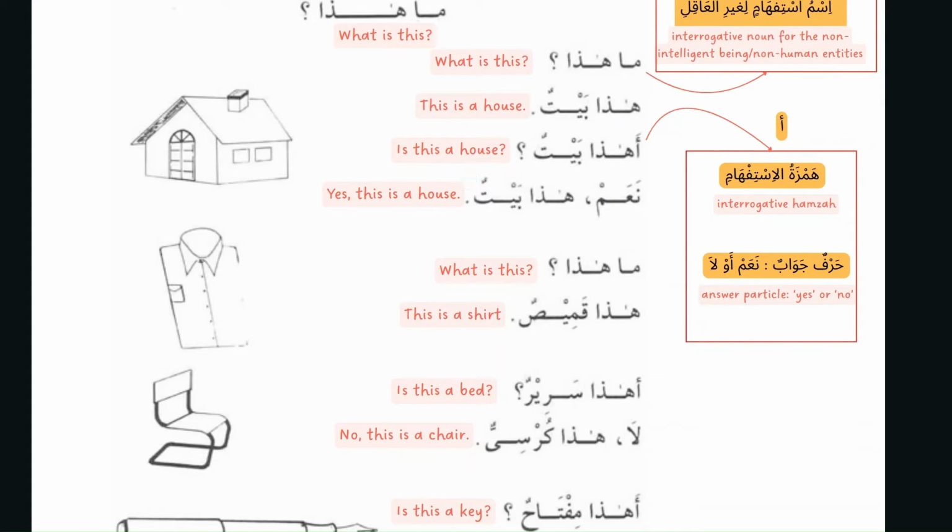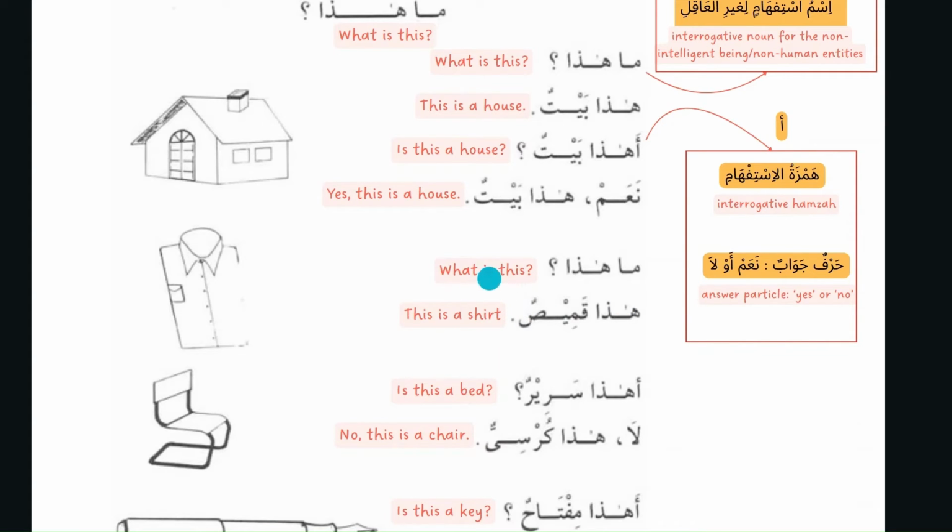We just add Hamzah at the start. Ahadha baytun? Is this a house? Now, for the answer. To say yes, we use the word na'am. And to say no, we use la.